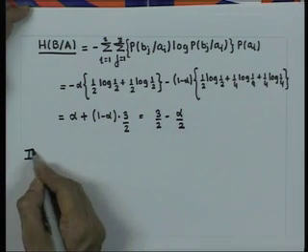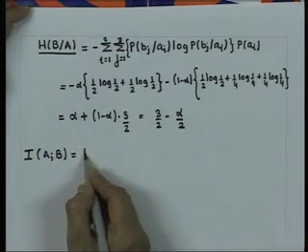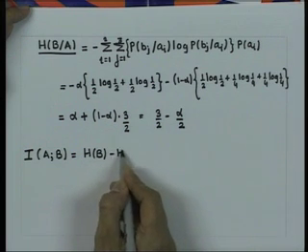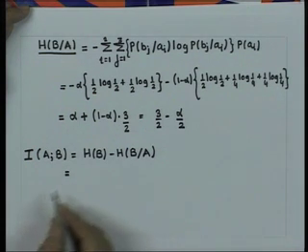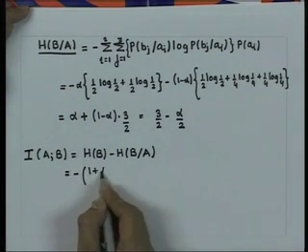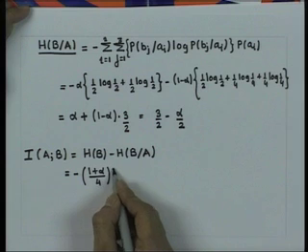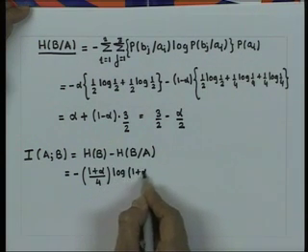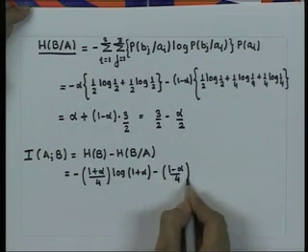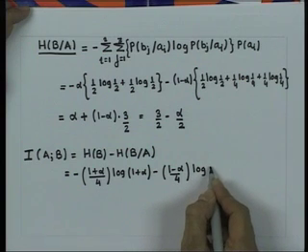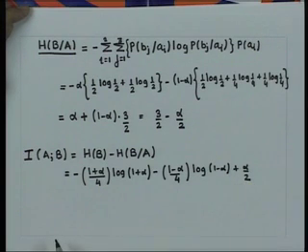So, finally, we get mutual information as H(B) minus H(B given A), equal to minus 1 plus (alpha by 4) log of (1 plus alpha) minus (1 minus alpha) by 4 log of (1 minus alpha) plus alpha by 2.